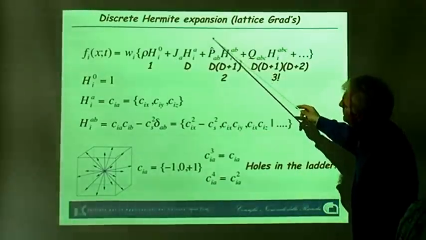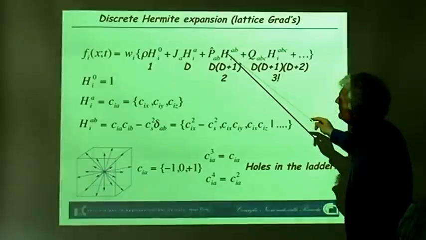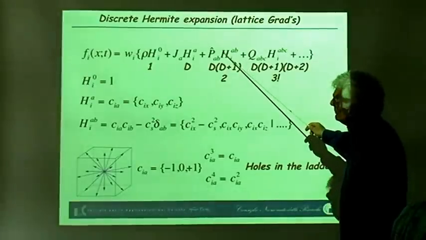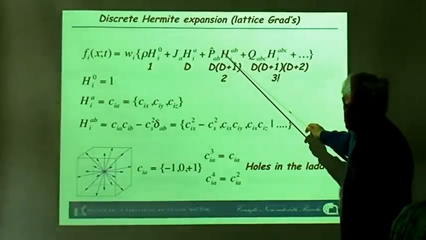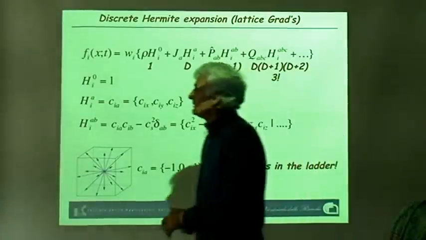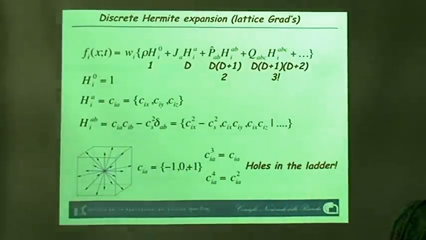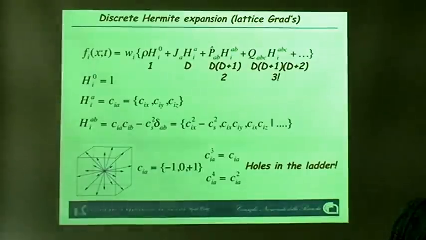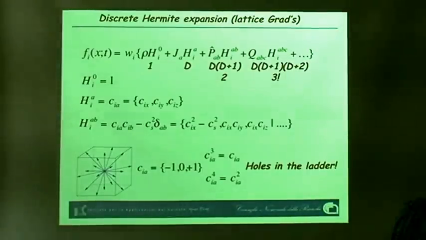Then I go to the next piece, and this piece is what usually one calls the transport component, because this piece, I was telling you yesterday, has contributions from both equilibrium and non-equilibrium. So we are talking floor number 2.